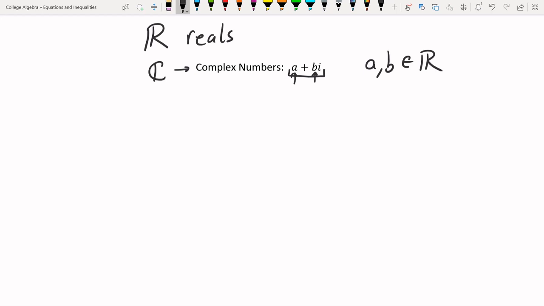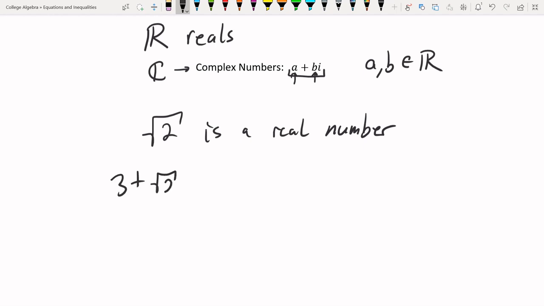One exception is that when b is a radical, we put the i before the radical. So, the square root of 2, for instance, is a real number. And typically if we write something like 3 plus root 2 i, we don't write it this way.